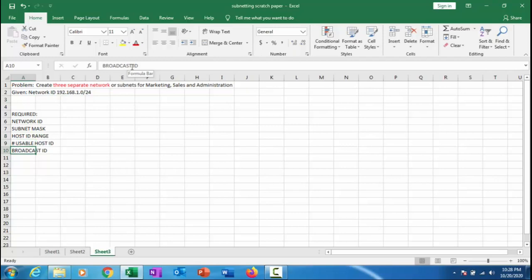And lastly, the broadcast ID, or broadcast IP address.